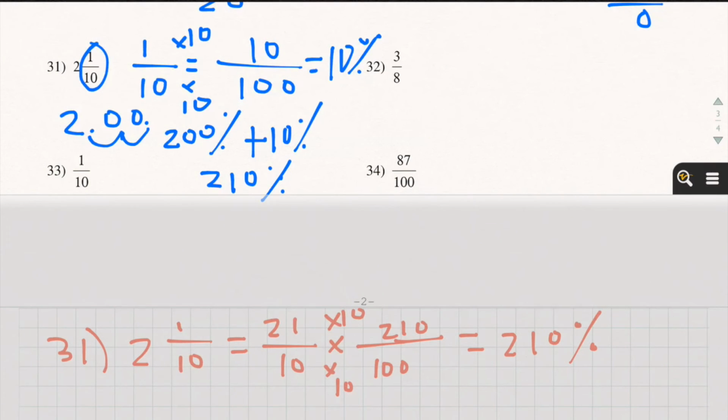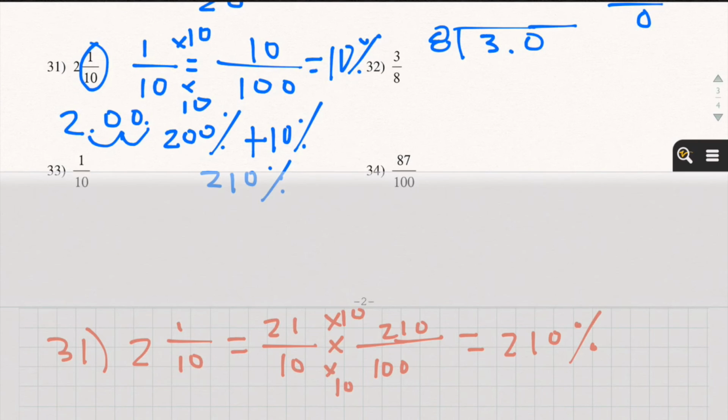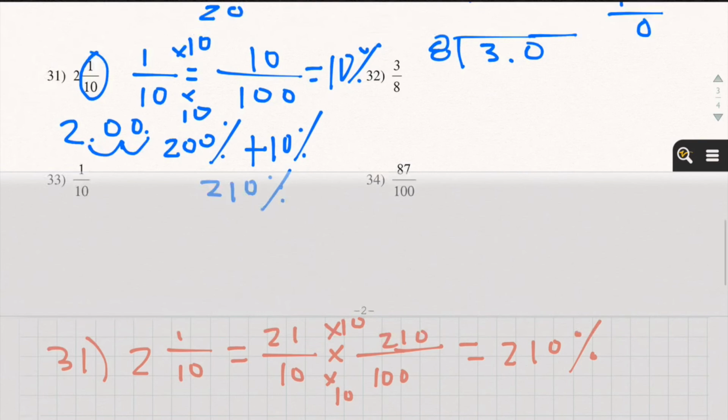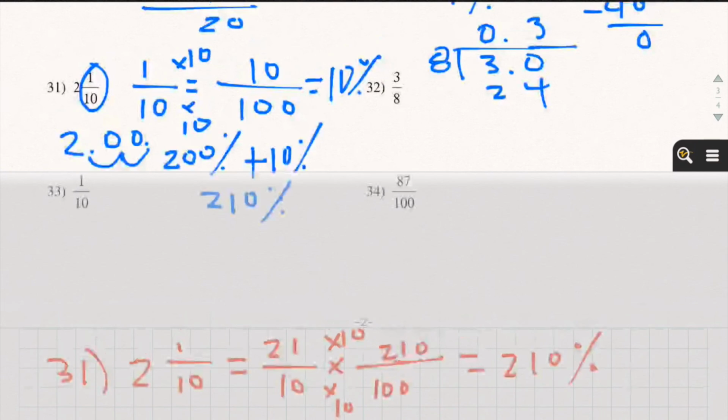Okay, number 32. So again, because we can't multiply the denominator by an easy factor to get it to 100, we'll just do the division method. So we have 8 on the outside, 3 on the inside, add a decimal, add a 0. 8 goes into 3 0 times, bring the decimal up. 8 goes into 30 3 times. 3 times 8 is 24. Subtract those, we get 6.